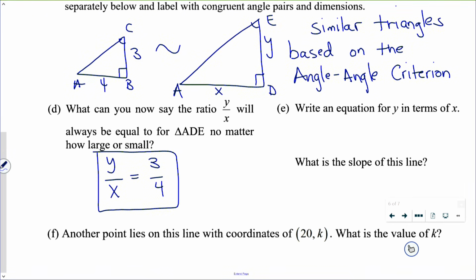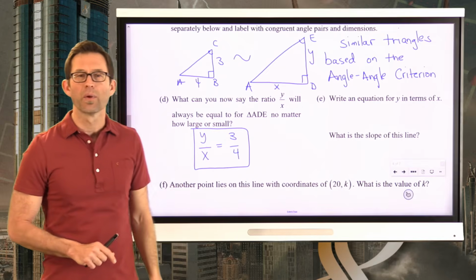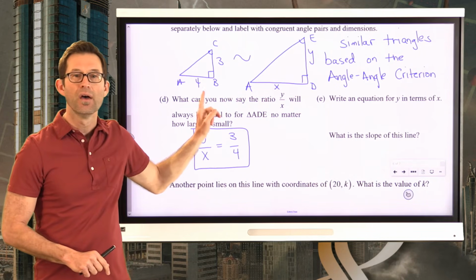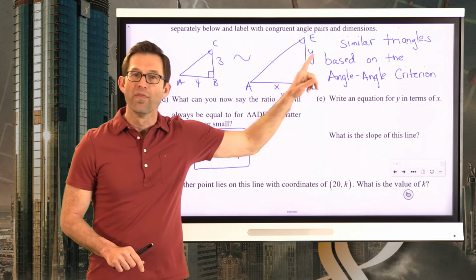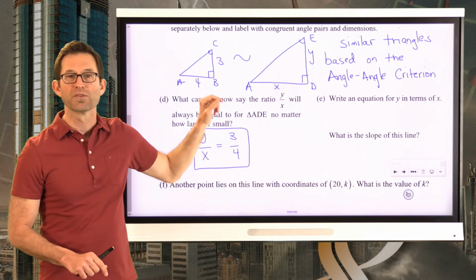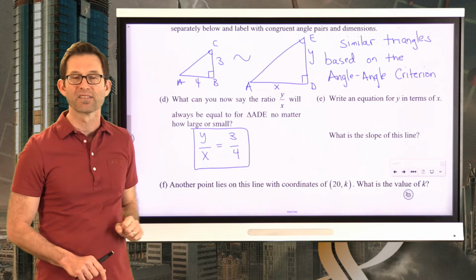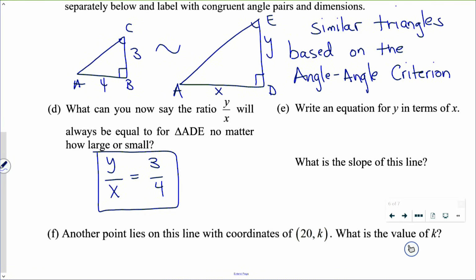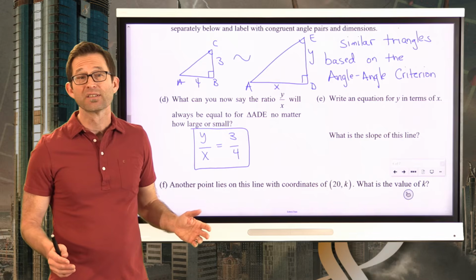Remember that when we worked with similar triangles, we would say, the ratio of relatively positioned sides must be proportional. This side divided by this side must be equal to that side divided by that side. And that now lets us easily answer question E, write an equation for y in terms of x, and what is the slope of this line? So this is a piece of cake, right?